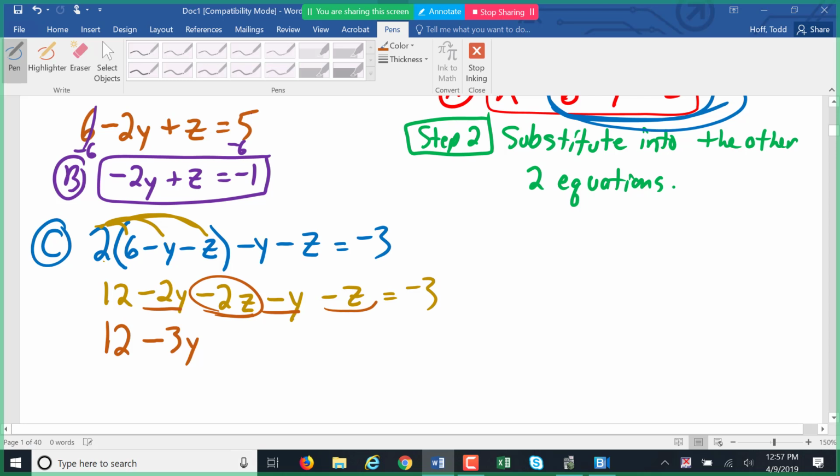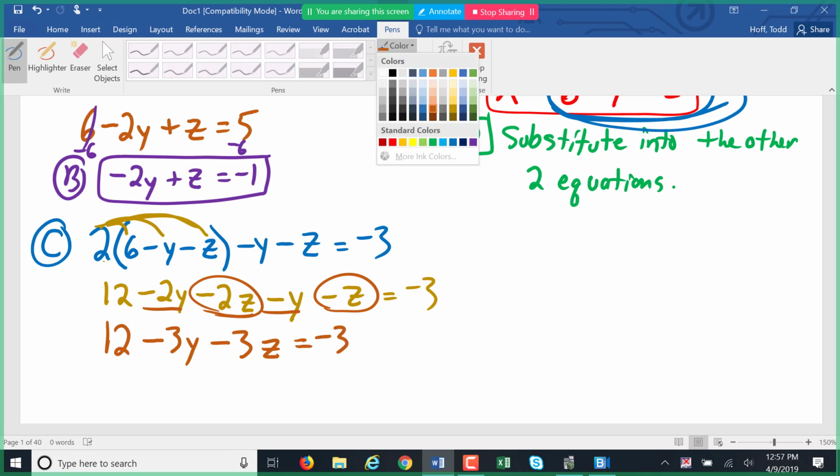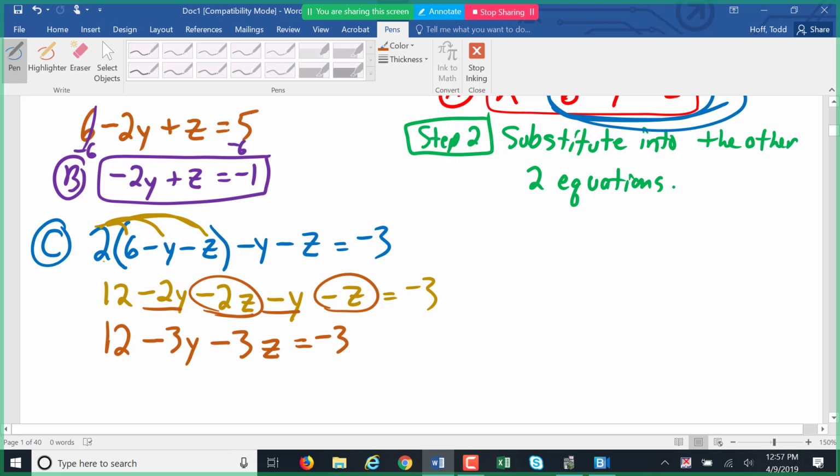Negative 2z and negative z make negative 3z equals negative 3. Now I'm going to get the variables by itself. I'm going to subtract 12. I have negative 3y minus 3z equals negative 3 minus 12 is negative 15.